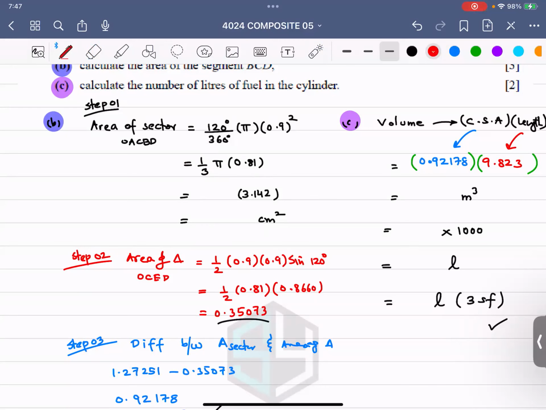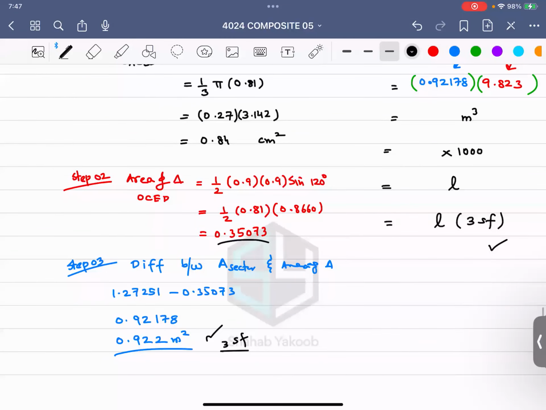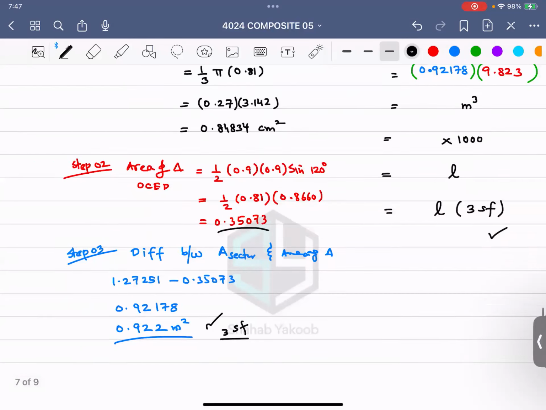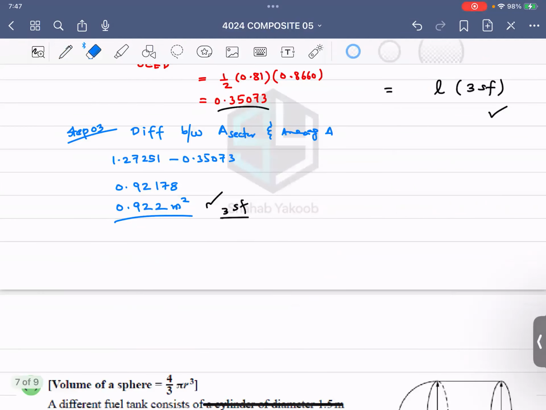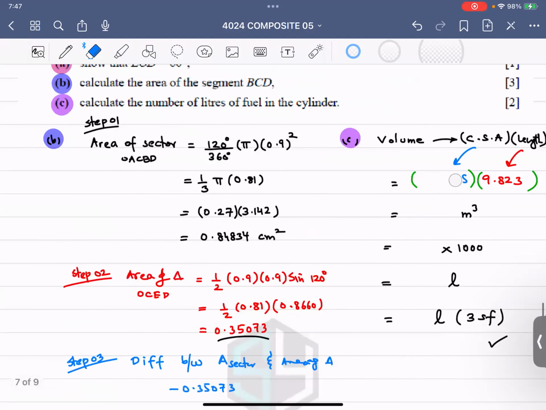So this is 0.27 into this thing. So 0.27 into 3.142, this comes out to be 0.84834. I have to change this. This is changed. This will be changed over here.